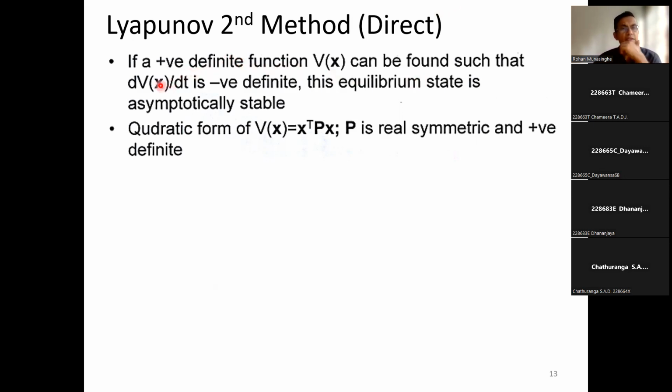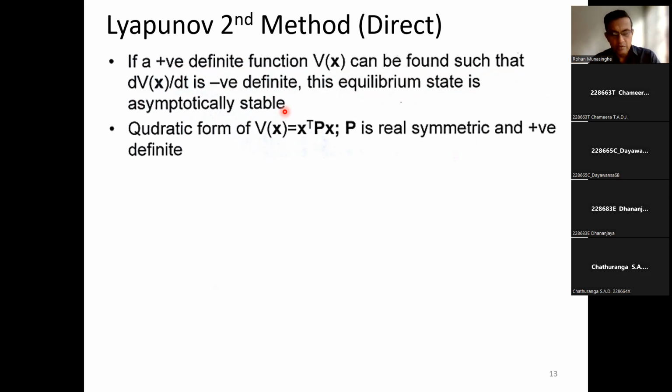So it says like this: if a positive definite function V(x) can be found such that dV(x) by dt is negative definite, this equilibrium state is asymptotically stable, right? This is similar to what we discussed earlier.